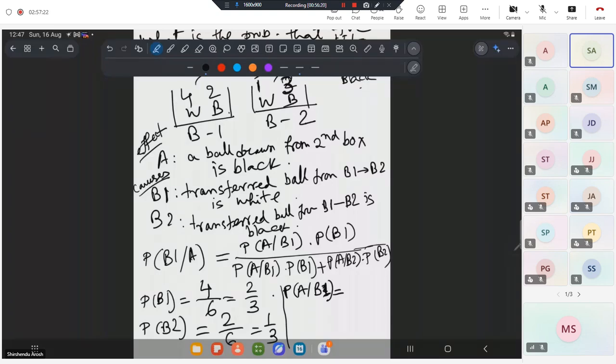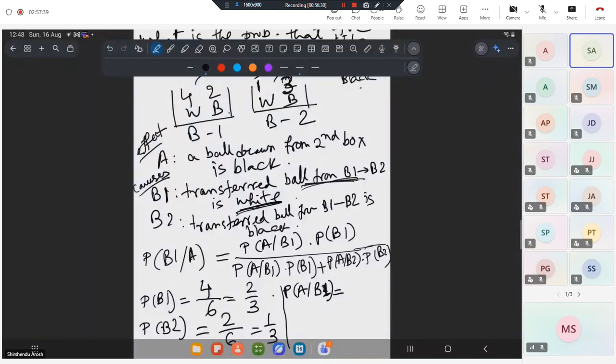Box 2 had 2 white balls and 3 black balls, and you transferred a white ball, which is given, meaning it has already happened.